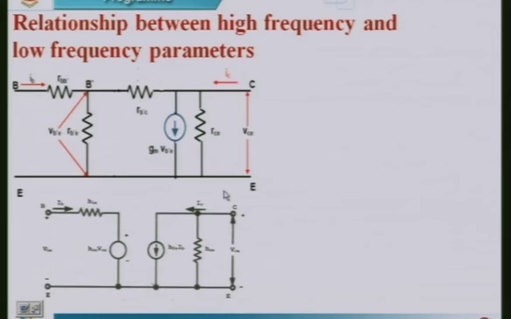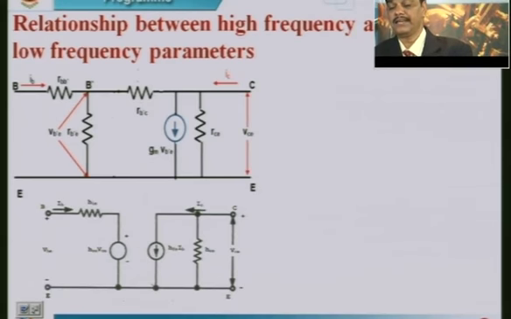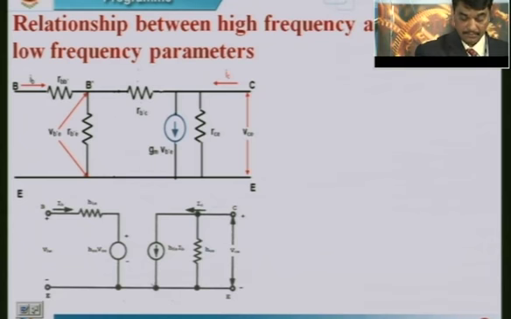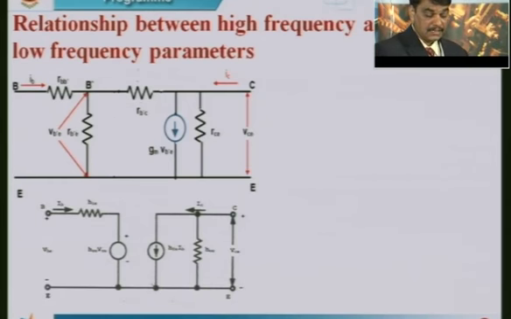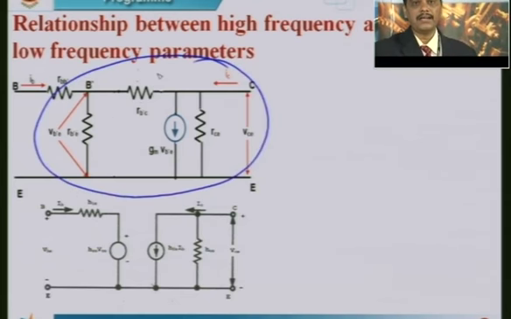Now, we need to find the relationship between the hybrid pi model parameters of a transistor and the h parameters. How are these two related? This circuit is the equivalent model of a pi model at low frequencies.